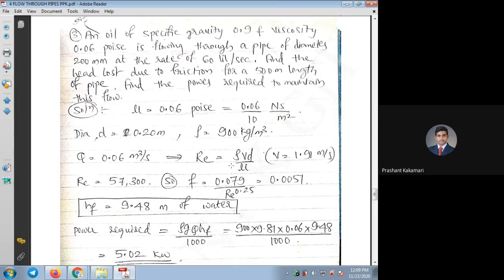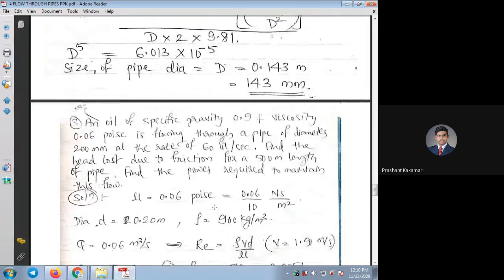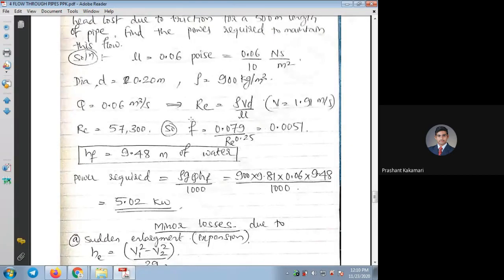So to find that coefficient of friction, I am using the help of the Reynolds number and the coefficient of friction relations. So how much Reynolds number are you getting here? It is around 5.7 into 10 raised to 4. If it is 10 raised to 4, it is turbulent flow, because the value is more than 4000, and the power of 10 is more than 3.